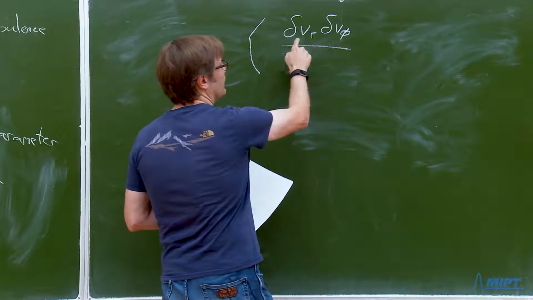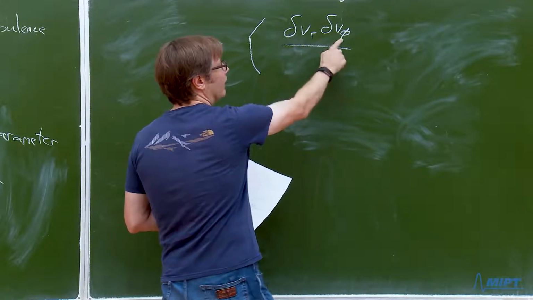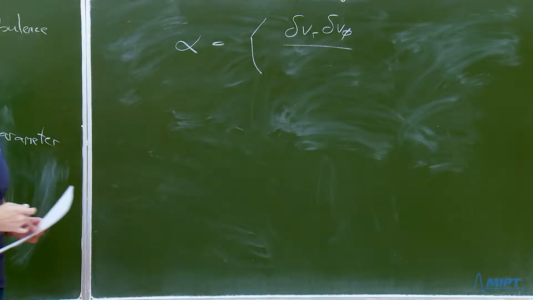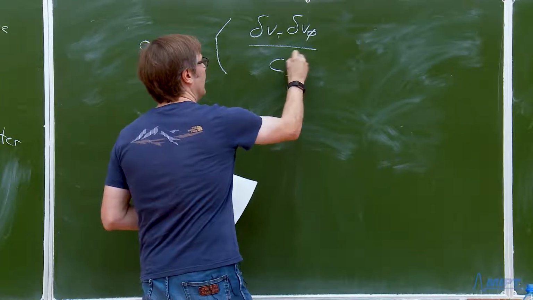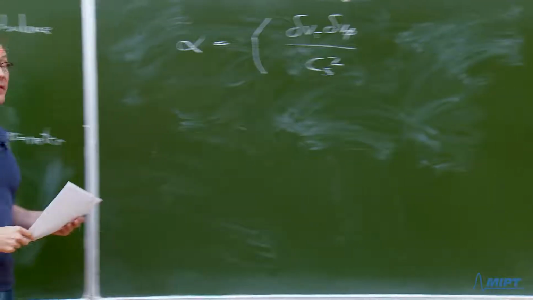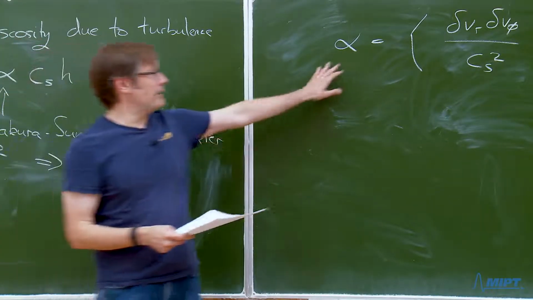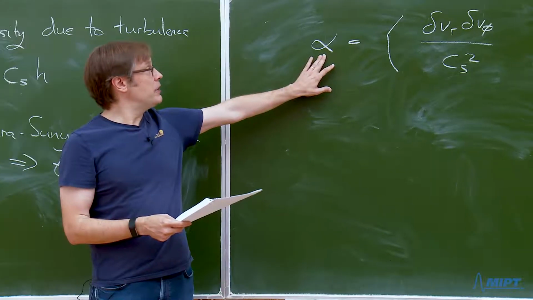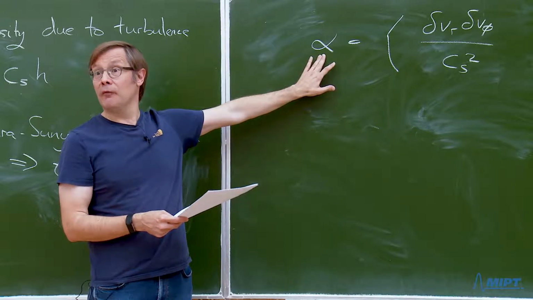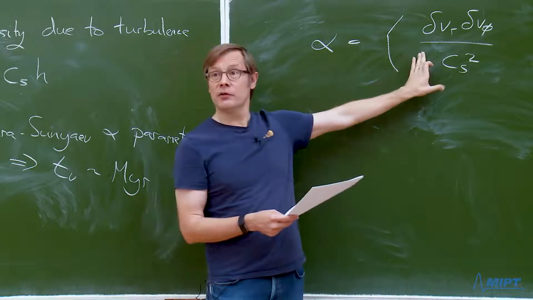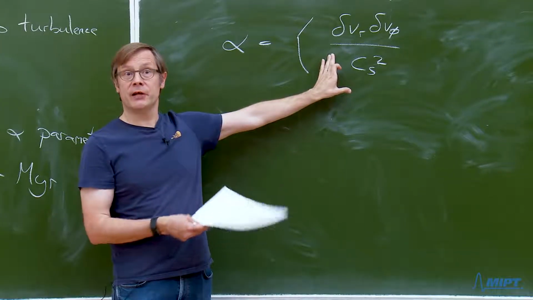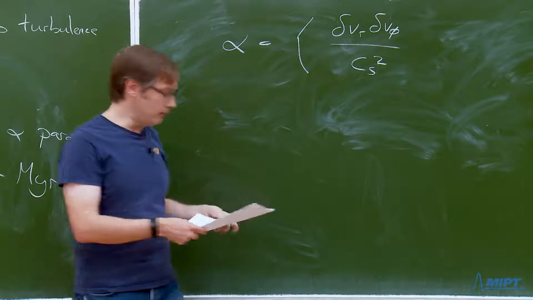So we measure some velocity perturbation, dvr, dv phi, in the radial and the azimuthal directions, respectively. And then we divide that by the sound speed squared, and that gives us a dimensionless quantity, which is the contribution to alpha, to the Shakura-Sunyaev alpha parameter, from these turbulent fluctuations when averaged over mass and averaged over time.